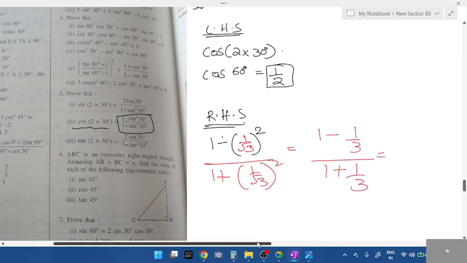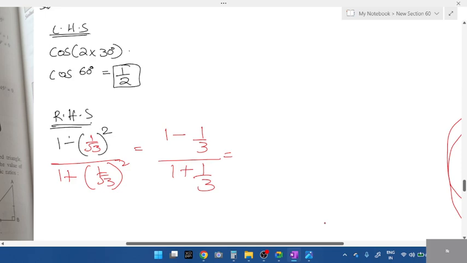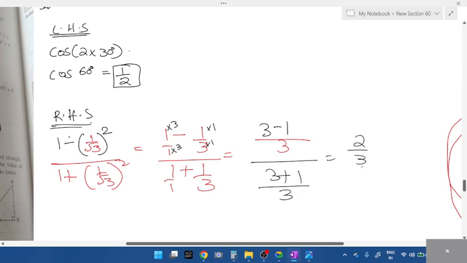After that, what's the LCM? LCM is 3. Then how do you take LCM? What do you multiply here? 1 into 3, right? And 3 into 1 into 1. So what do you get in the numerator? 3 minus 1. So you get 2 by 3 divided by, which one gets cancelled?